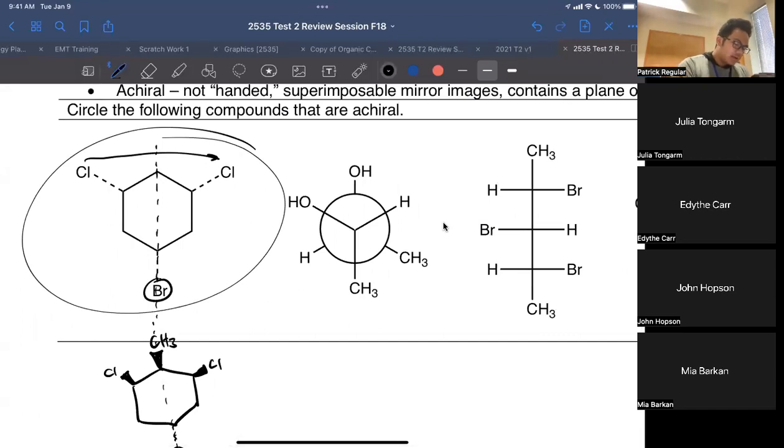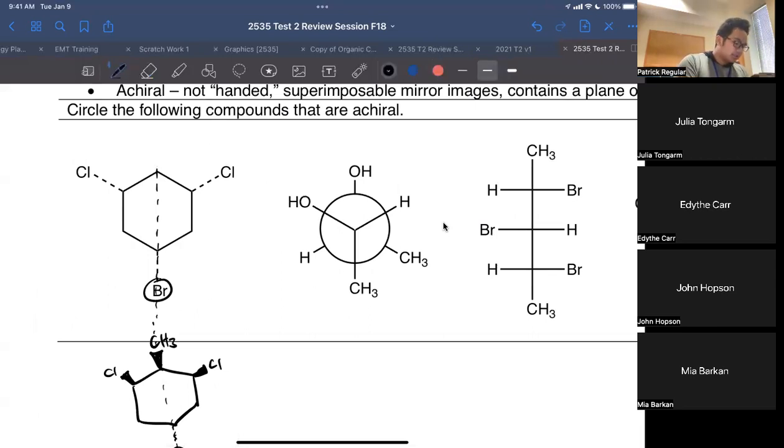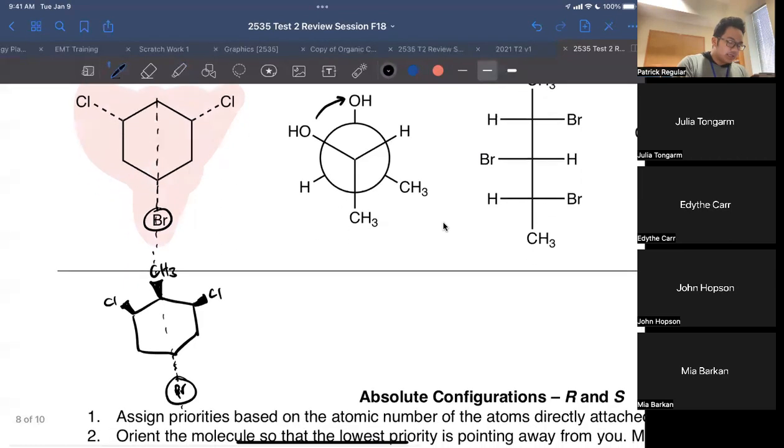Now, we have a Newman projection. Achiral. With a Newman projection, you just rotate it so that things match up. So for this one, it's really easy. Just rotate it 60 degrees.